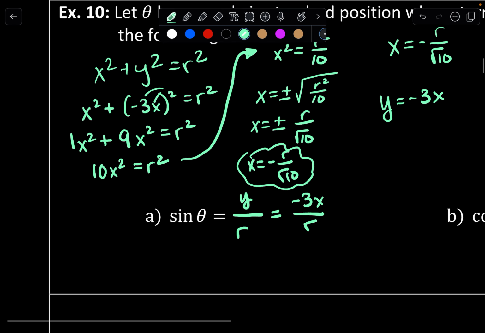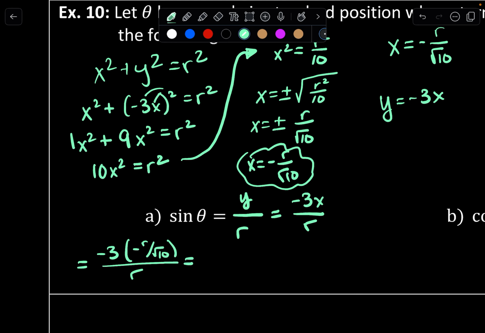We have negative r divided by root 10, so I'll have negative 3 times negative r over root 10. And this is all over r. So I have two negatives in the numerator, so those will both cancel out.